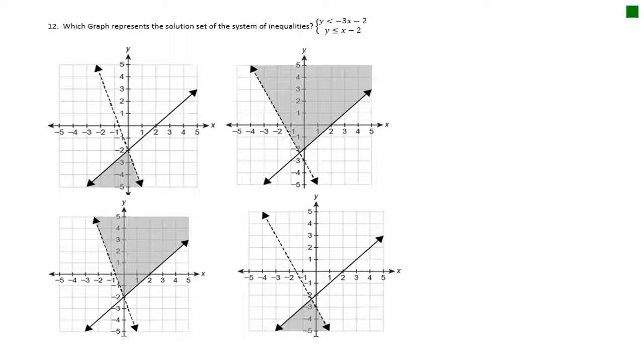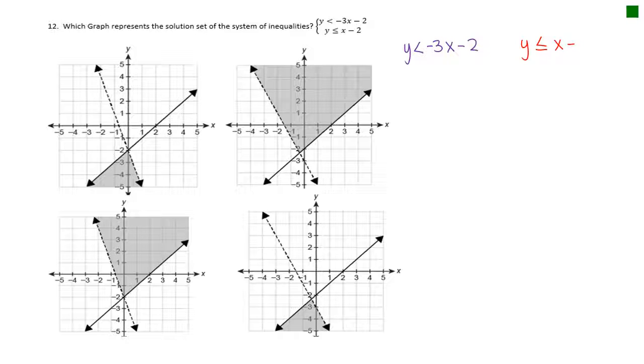Lastly, number 12 asks which graph represents the solution set of the system of inequalities. We have y is less than -3x minus 2, and then we have y is less than or equal to x minus 2. What we want to do here is see if we can eliminate any of these graphs right away.